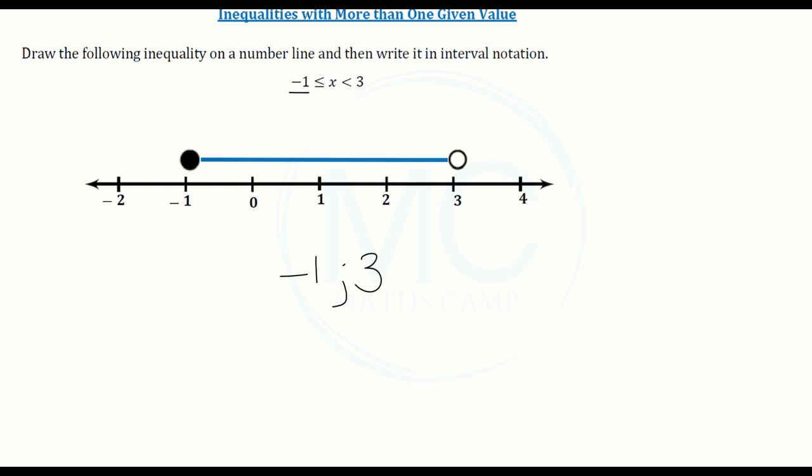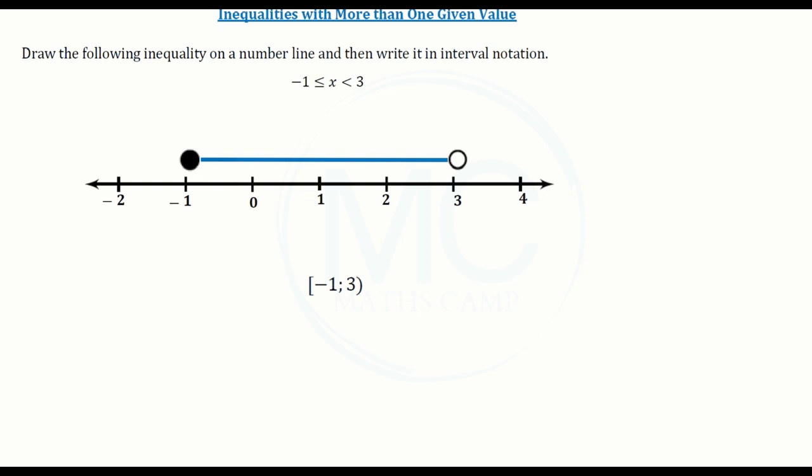X is greater than or equal to -1, so the possible values of x include -1 as well. So we can put a square bracket around -1. X is smaller than 3, so it does not include 3 itself. So we put a round bracket around 3.